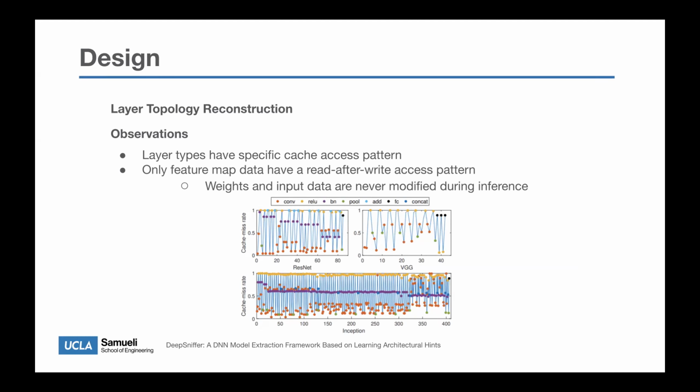For example, the weights of your neural network and the input data to your model are never modified during execution. From here, in this picture, we can see what kind of layers have what kind of cache access pattern. As you can see, for example, ReLU has almost a 100% cache miss rate.